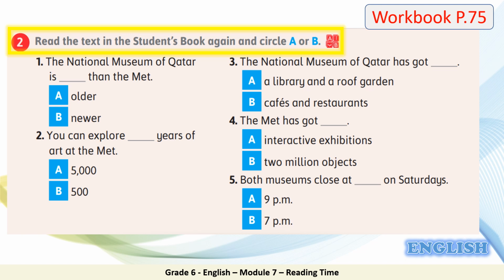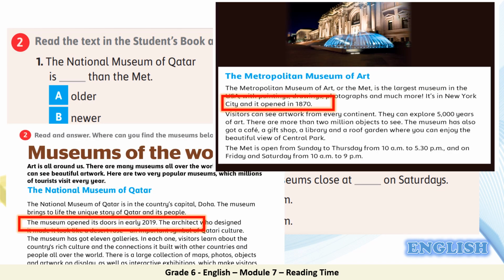In this sentence, we need to compare the two museums we have read about to decide which one is older or which one is newer than the other. So we need to find the dates of the opening for these two museums. So let's go back to the text. The National Museum of Qatar, in paragraph number 1, the museum opened its door in early 2019.